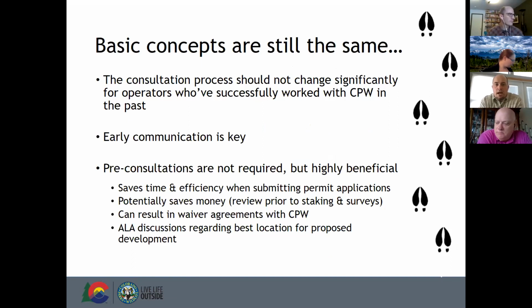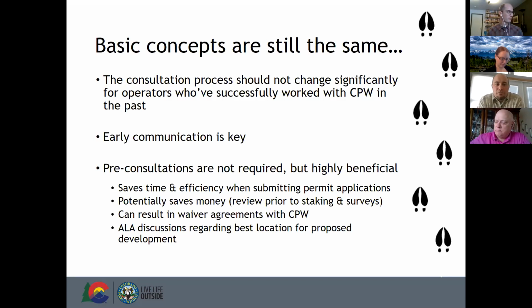Important to note that CPW mapped wildlife habitats are still the trigger for the formal consultation with CPW. That's the same as in the past. Admittedly, there are some new species and habitats in the rules now that you haven't worked with in the past. Depending on where you operate, there will be some new discussions regarding those new species and habitats, and maybe a little bit of a learning curve there, but it's definitely something we can work through.